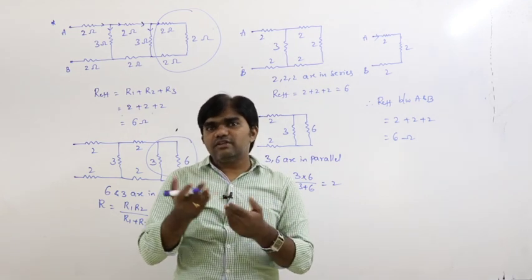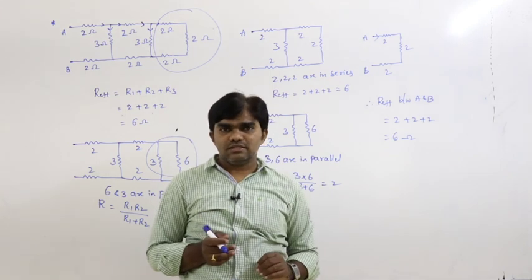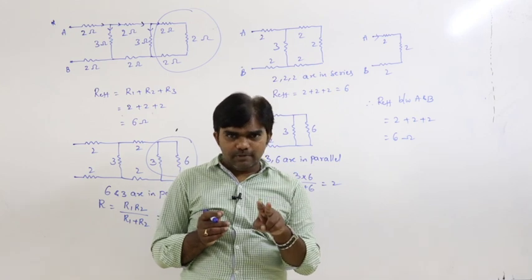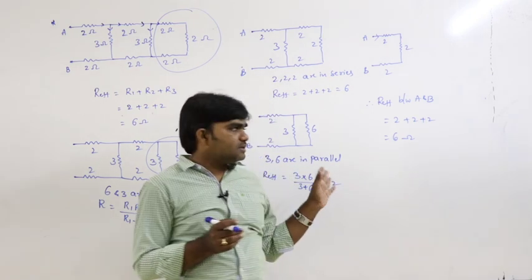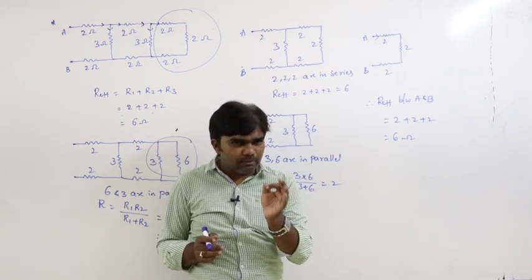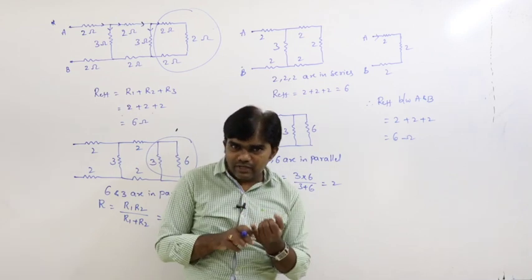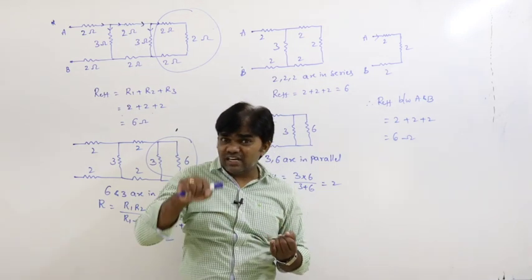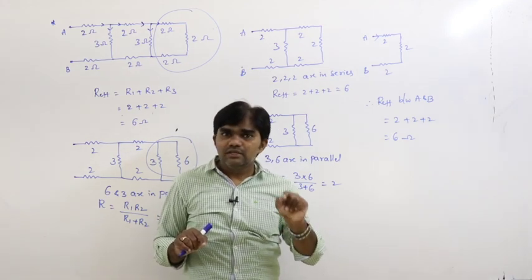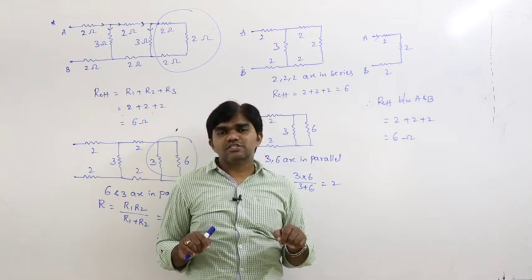If the potential changes from position to position, those are in series. So the major two conditions are current and potential. While calculating the effective resistances, this is a very important thing, whether we can use current or potential.